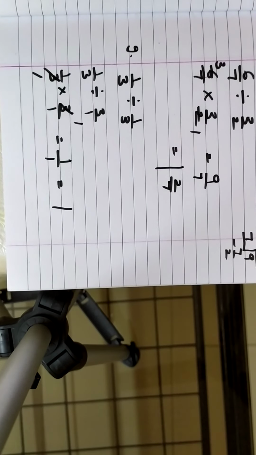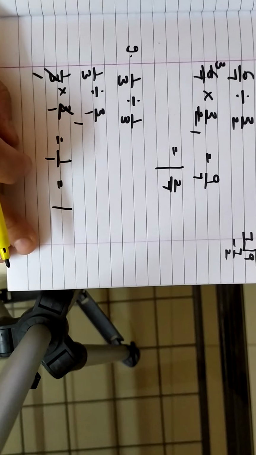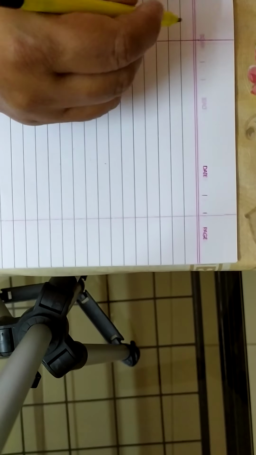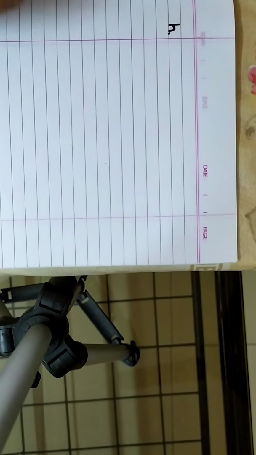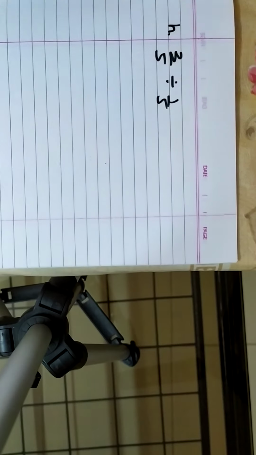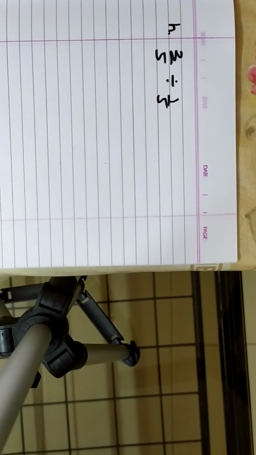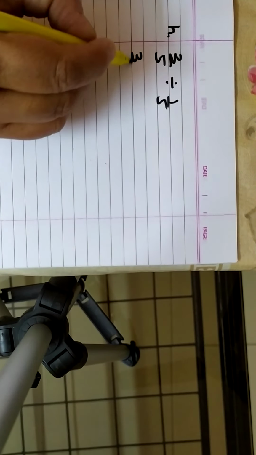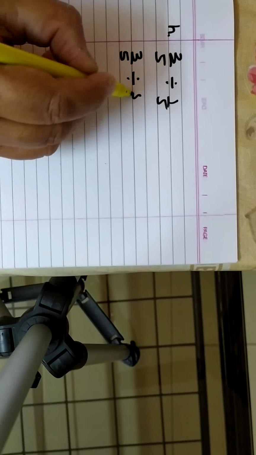Now, question number 3H. 3 upon 5 divided by 1 upon 5. Now, the reciprocal of 1 upon 5 is 5 upon 1.